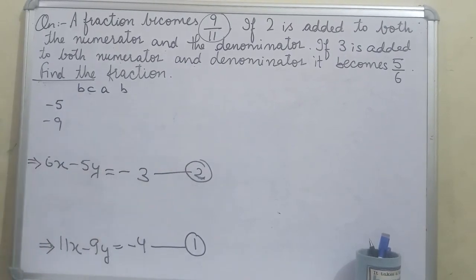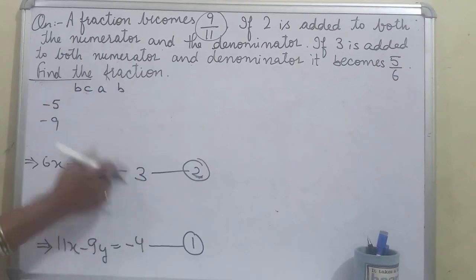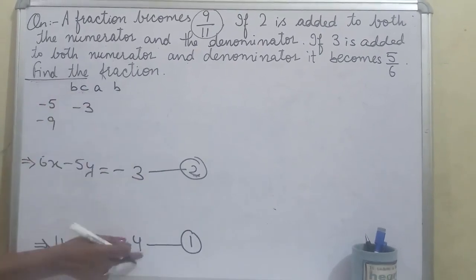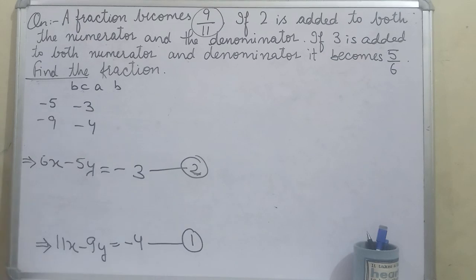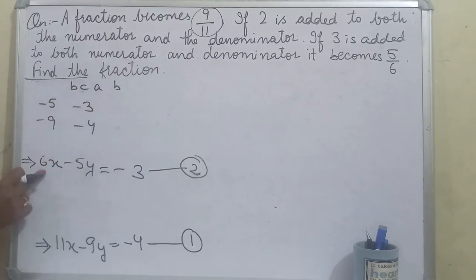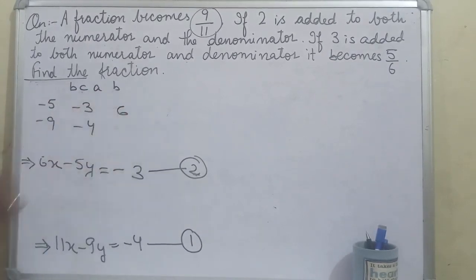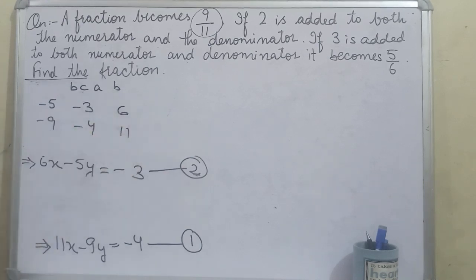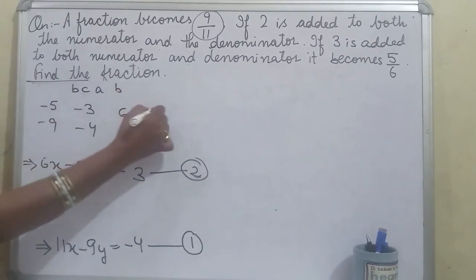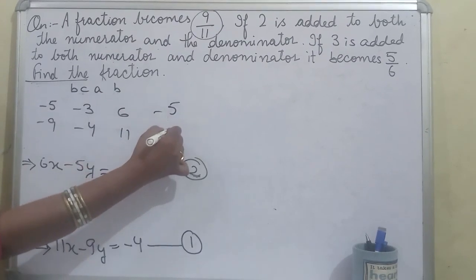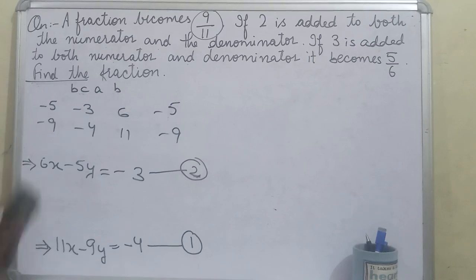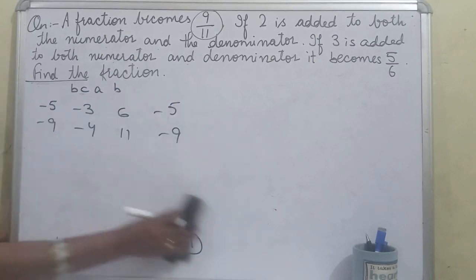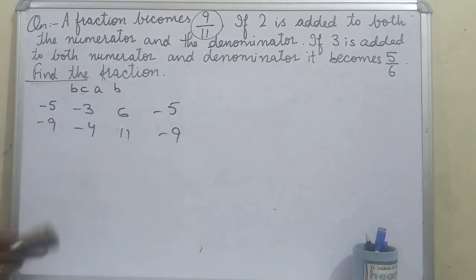The answer will not change, right? C is minus 3, minus 4, and A is 6 and 11, and again B, that means minus 5 and minus 9. So now you know how to get the values in the cross multiplication method.